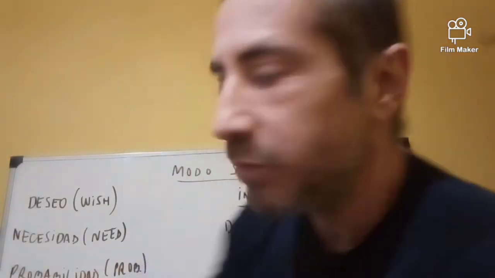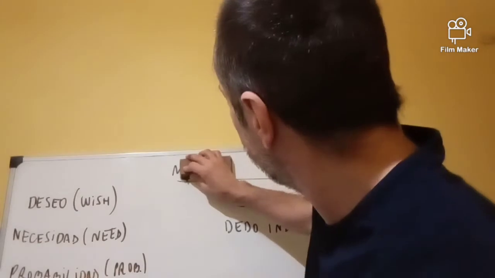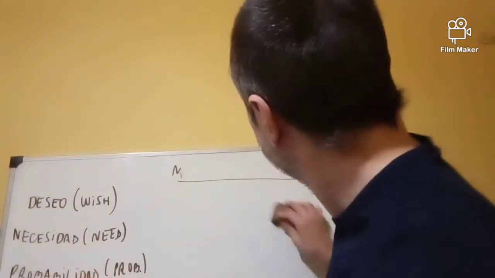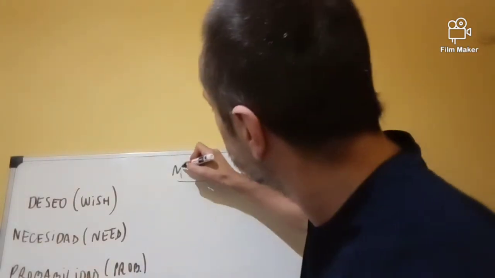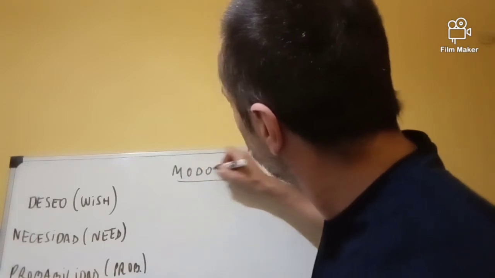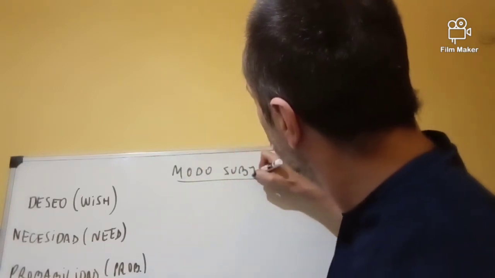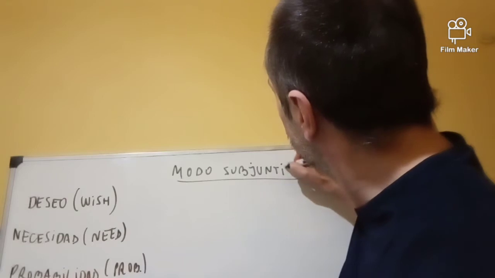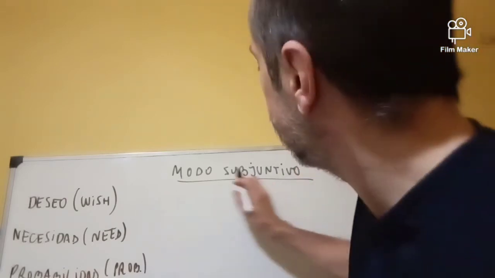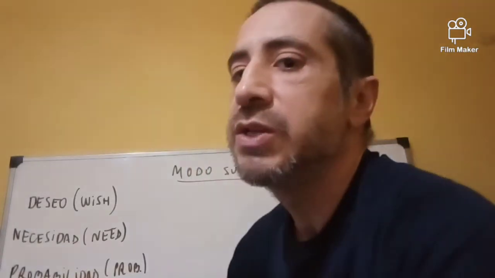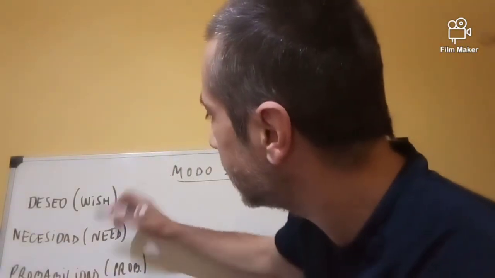Let's see some examples. And then we are, oh no, sorry. This goes here. Modo subjuntivo. Let's see some examples in this modo subjuntivo and then in modo indicativo so that you see the difference between them. Let's start. For example, a wish, un deseo.